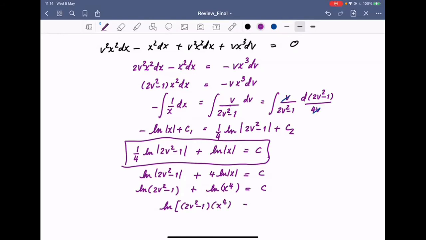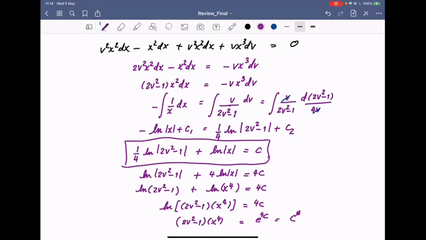And that means you're gonna get 2v squared minus 1 times x to the 4th power equal to e to the constant, which is another constant. Well, if you want this to be c, you can say that is 4c. This is e to the 4c, and you can call it another c star here. Well, the constant on the right hand side, you don't have to be worried because anyway it's gonna be just a constant.